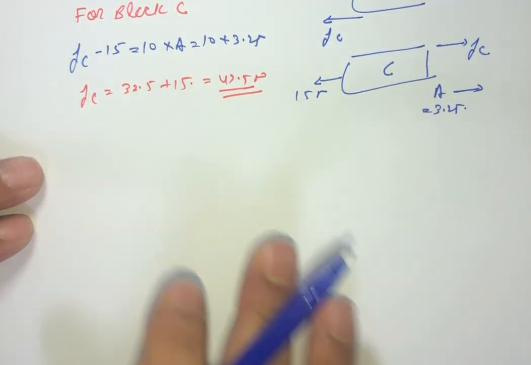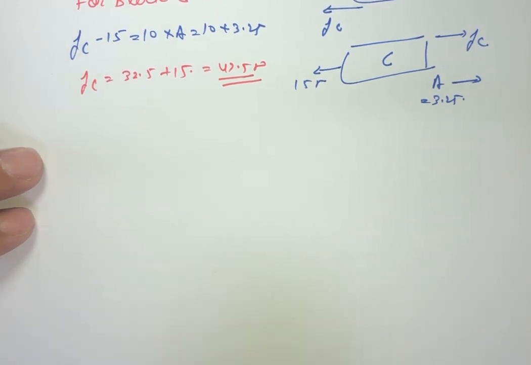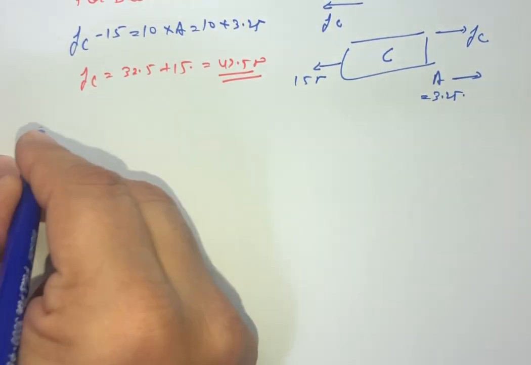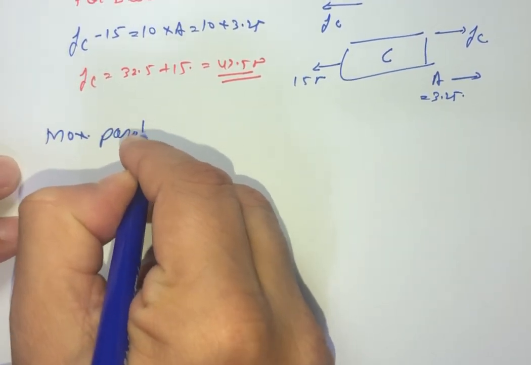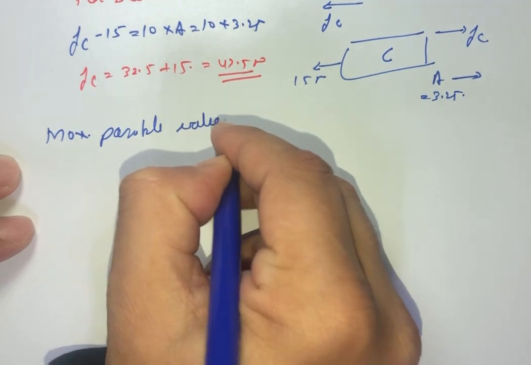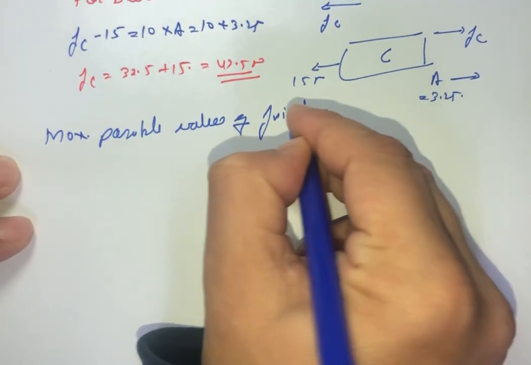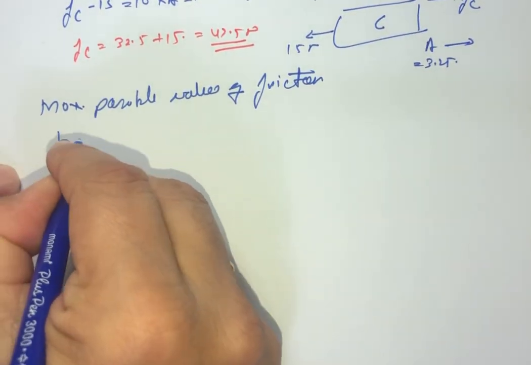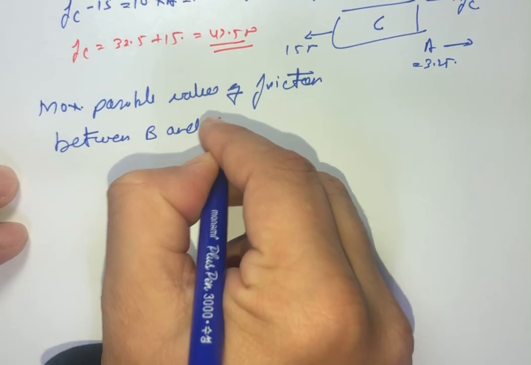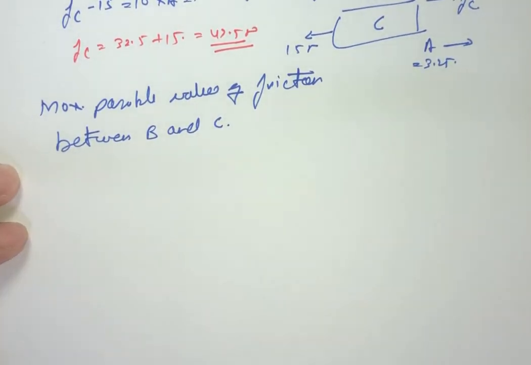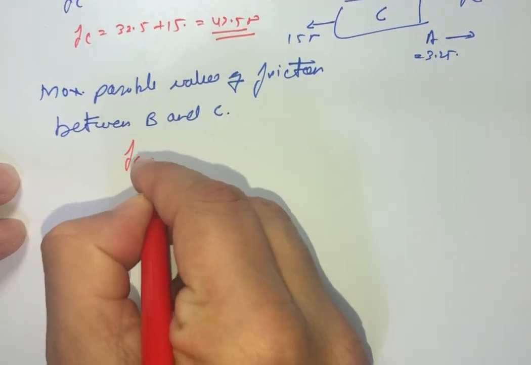Now let us find out what will be the possible maximum value of the friction between block B and C. Let us call that FC max.